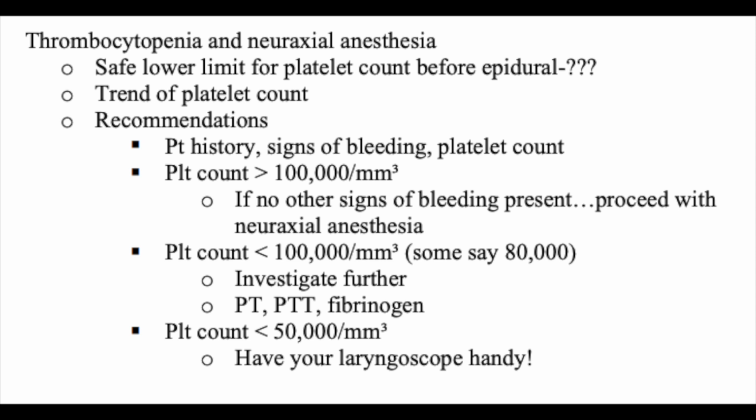If the platelet count is less than 100,000, then there needs to be a little further investigation, and that may be when someone decides to get a PT, a PTT, fibrinogen. Some practitioners will tell you that their cutoff is around 80,000. However, most will agree that a platelet count less than 50,000, they are not going to get any kind of neuraxial anesthesia. And if that patient goes to C-section, again, have your laryngoscope handy.